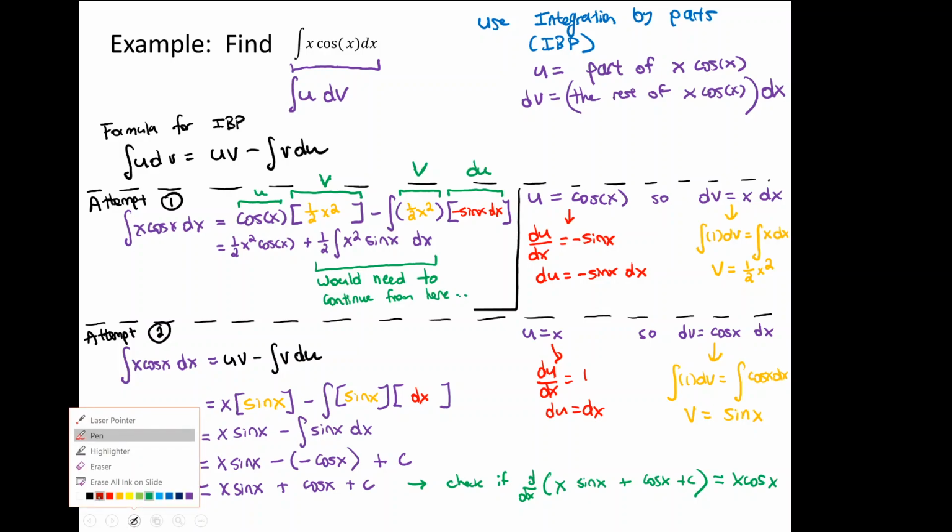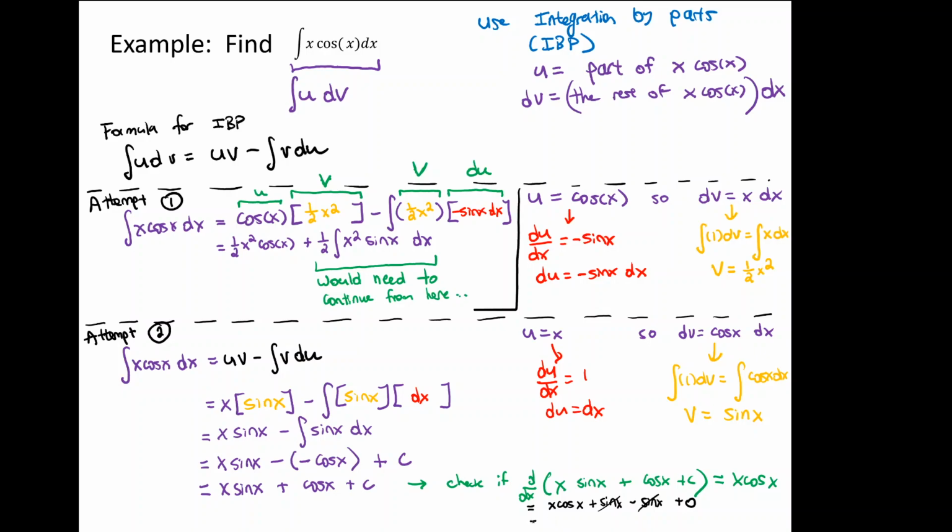So this is quick. A times b prime, so x times the cosine of x, plus b times a prime, plus sine of x. So that's the product rule for those two terms. And then the derivative of cos is negative sine of x. The derivative of c is 0 since c is a constant. And we get the sine of x and the negative sine of x canceling. We get what we need, x times the cosine of x as needed.